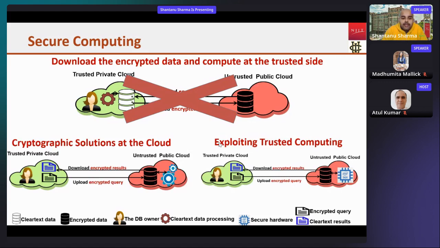So what are the two major categories that we can think about, and that are there in the literature? The first one is the cryptographic techniques, which you can see on the left hand side. Here the database owner, or the user who has the data, encrypts the entire data set and uploads the encrypted data to the cloud, as in the previous case. But now, instead of downloading the data, they also encrypt their queries. Queries are encrypted using different types of cryptographic techniques that can support different operations over the data, such as selection, aggregation queries, or join queries.